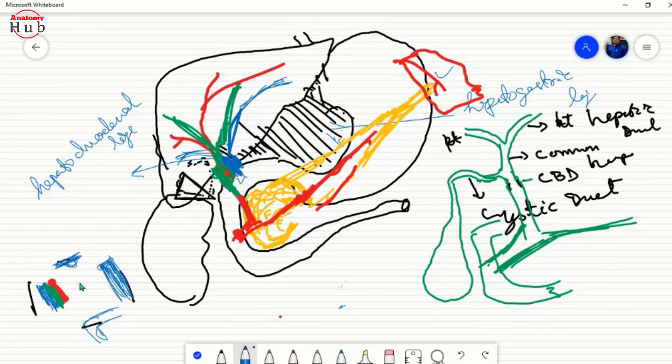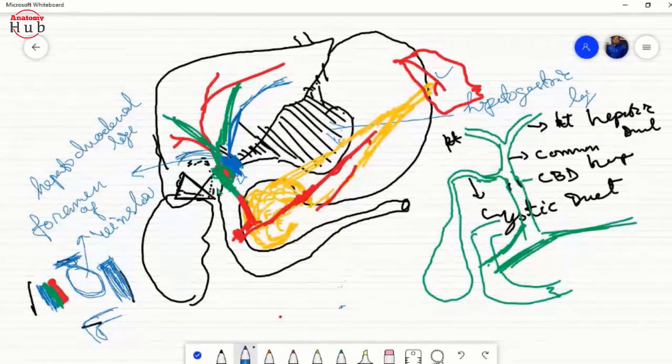So at this point it makes a hole, and this hole, or opening, is known as the foramen of Winslow. The foramen of Winslow is the connection between the greater sac and the lesser sac. That is the only way to enter from the greater sac to the lesser sac, right?